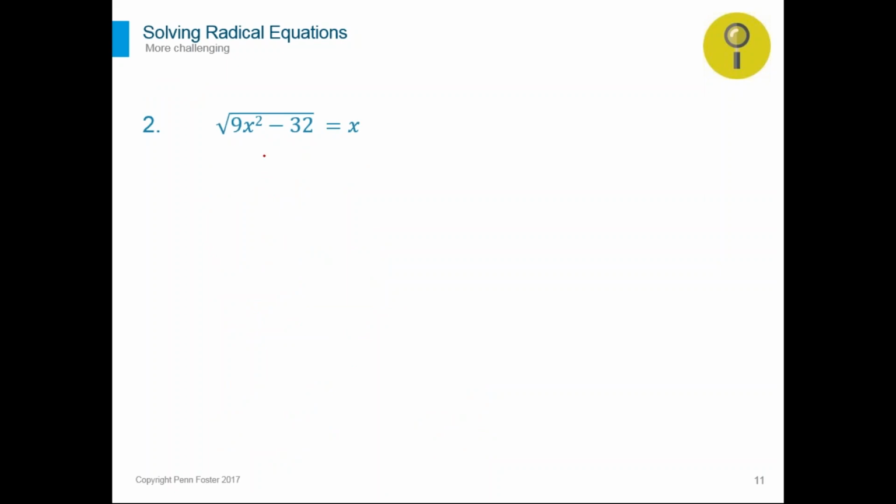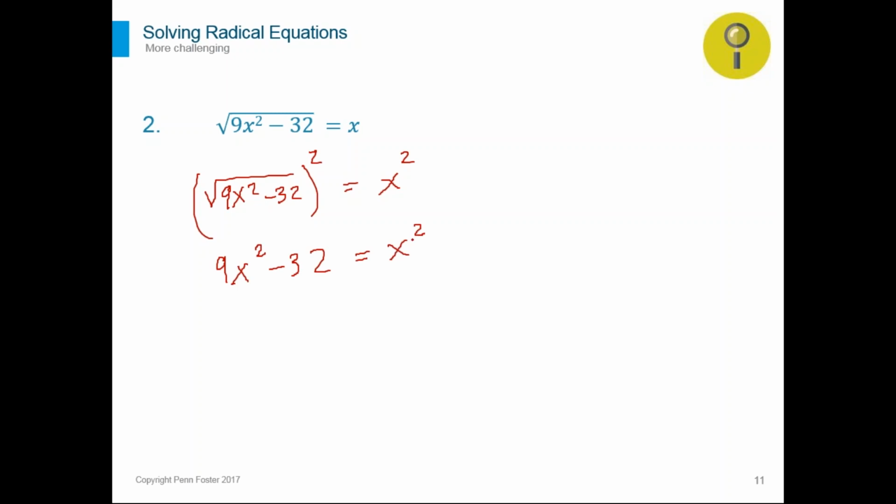Square, because we have the radical expression isolated already. So let's square both sides. We're going to square the square root of 9x squared minus 32 equals x squared, and square. So that would be 9x squared minus 32 equals x squared.